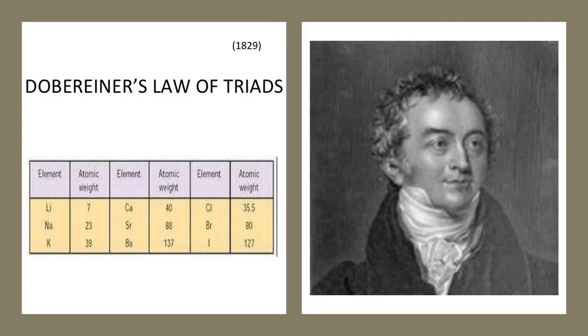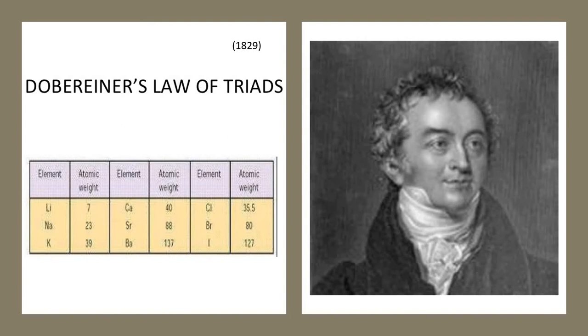For example, Fe is iron. It's not IR, it's Fe. That's because the name for iron used to be ferrous, and there's a number of other elements that were identified this way. When he came up with his system, there were about 50 different known elements. Now we're up to 118, so a lot's happened since.